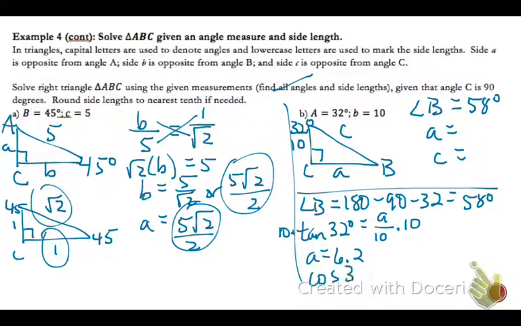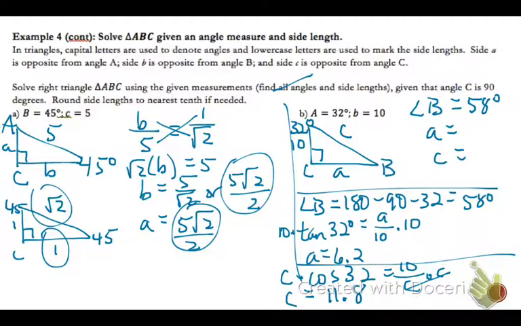So the cosine of 32 equals 10 over C. Now to solve that, I have to multiply both sides by C. So what I'll end up doing is taking 10 and dividing it by the cosine of 32, which will give me 11.8. So now I can transfer these lengths up here, and I know that I have found everything that I need to.